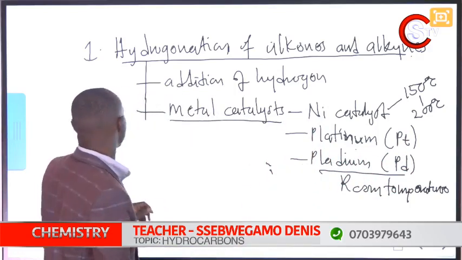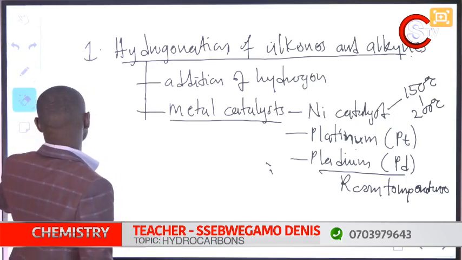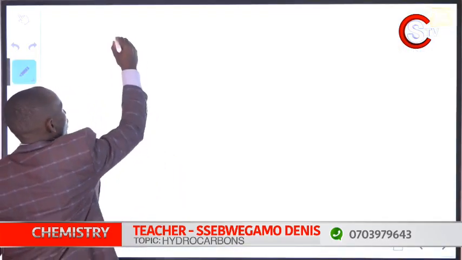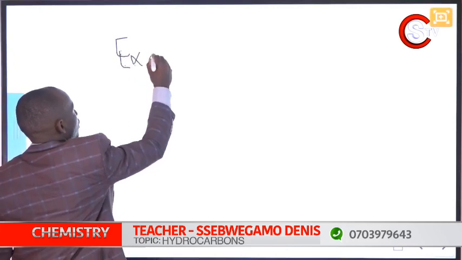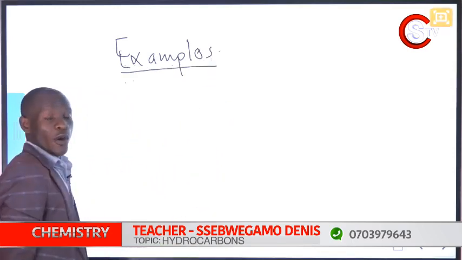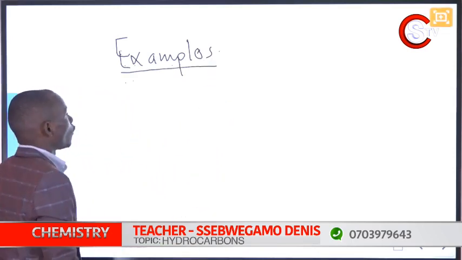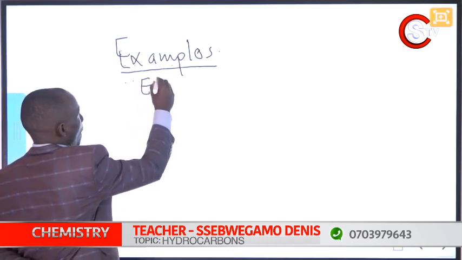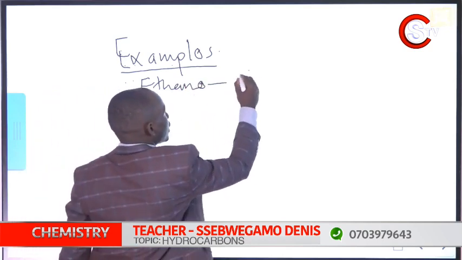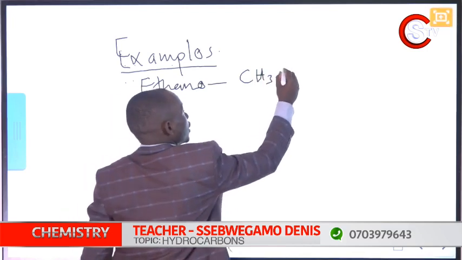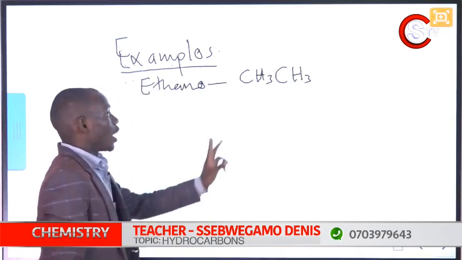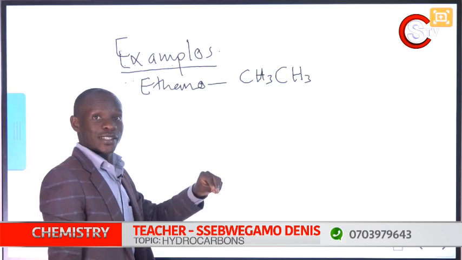So now, if we give some examples, let me give an example of ethane. If I want to prepare ethane, it's simply CH3CH3. Now, I need to know the number of carbon atoms present in this compound.